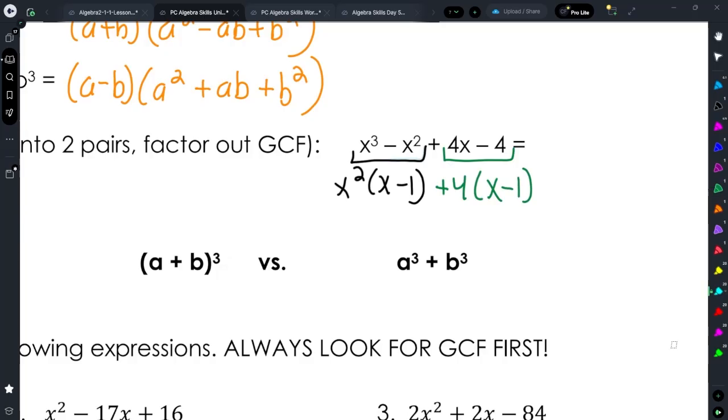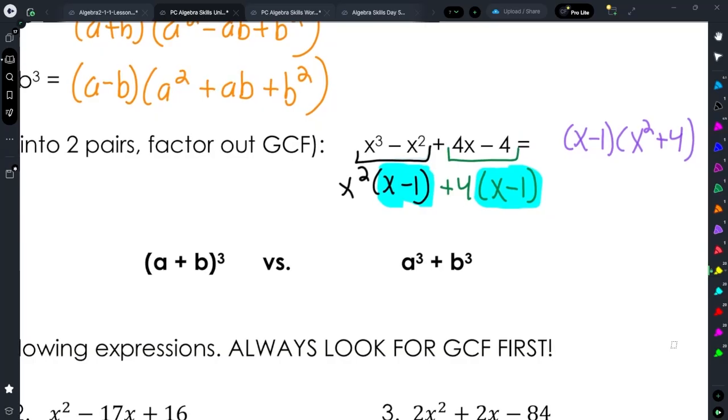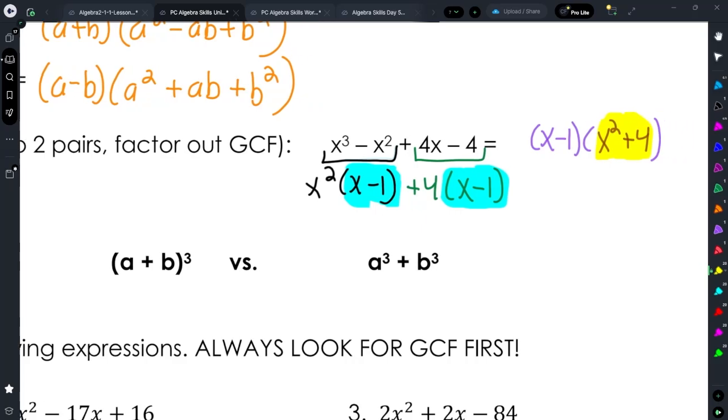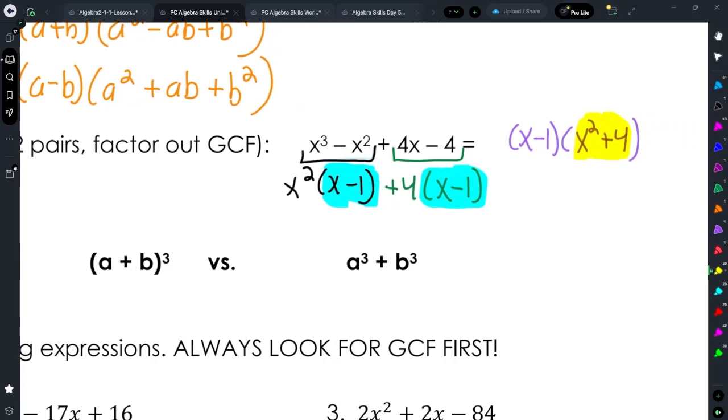And if we did this correctly, if it is factorable by grouping, these two would match, and that's going to leave us with x minus 1 times x squared plus 4. And like we mentioned earlier, x squared plus 4 is not factorable, so this is as factored as we can go in that problem.